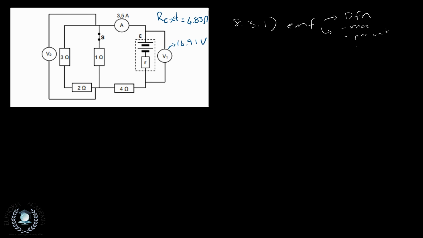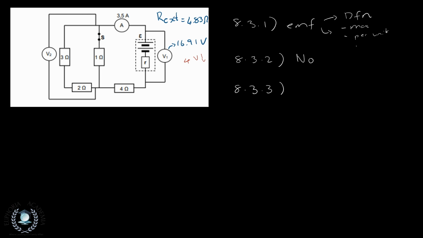So let us move on to question 8.3.2. Question 8.3.2 asks us whether the conclusion that the learner drew is correct or not. Right? So the learner is not correct, and we shall explain in the next question, which asks us to explain our reasoning. So looking at this circuit, V1, as we said, measures those 4 voltage drops, right?